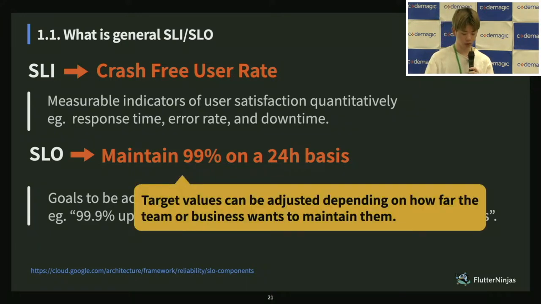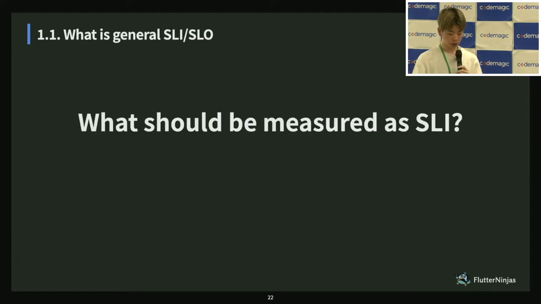Target values can be adjusted depending on how far the team or business wants to maintain them. There are many measurements in mobile apps, not only crash-free user rate, but app launch time, error rate, etc. So what should be measured as SLI?